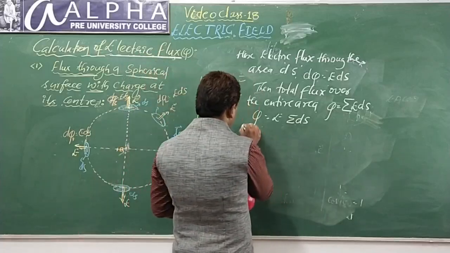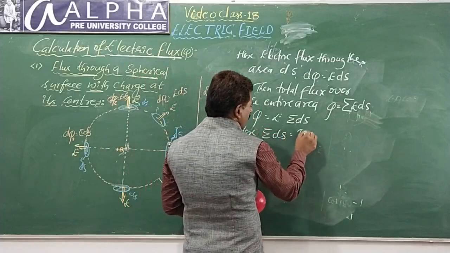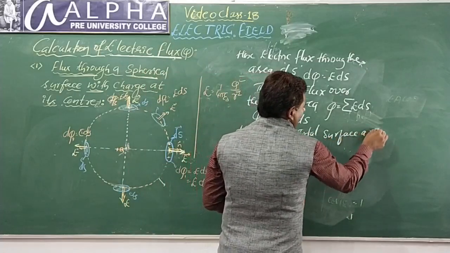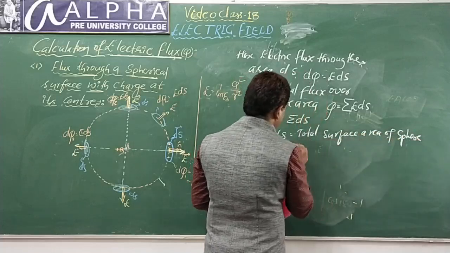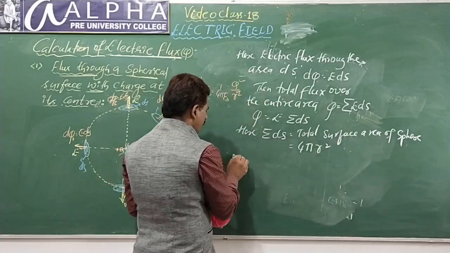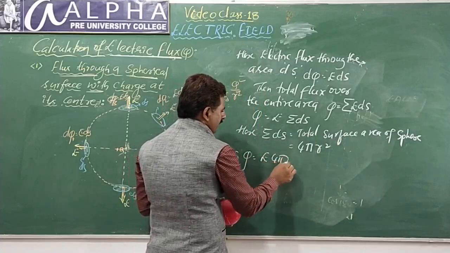So the term summation ds is the total surface area. You know the total surface area of a sphere? Can you write it? Surface area of a sphere is 4 pi r square. Therefore, the value of flux is E into 4 pi r square.